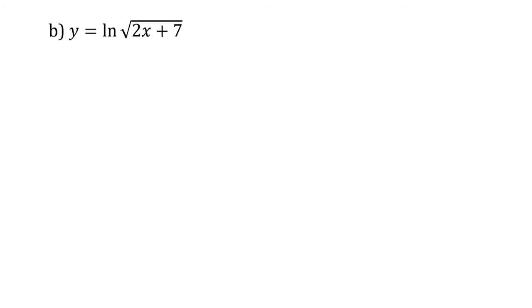Okay, so the logarithm base e with a square root as the argument. Okay, so y prime equals 1 over the argument times the derivative of the argument. So again, this is 2x.